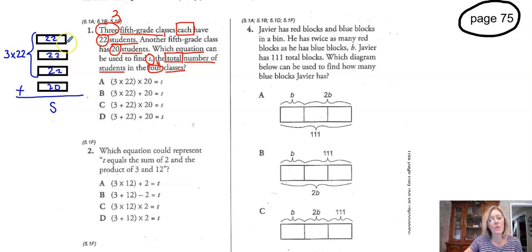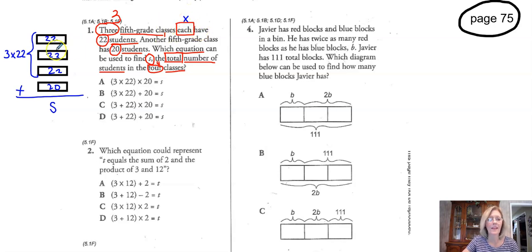So when I looked over here at my answer choices, I didn't have something that said 22 plus 22 plus 22 plus 20. But if I have 3 22s, I can also think of that as 3 times 22. And each is a clue for multiplying over here also.